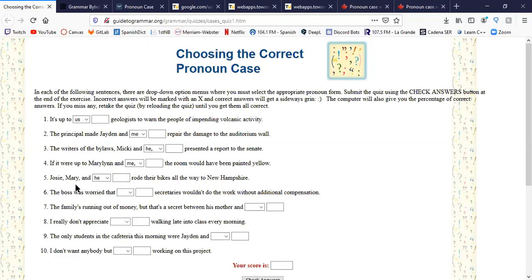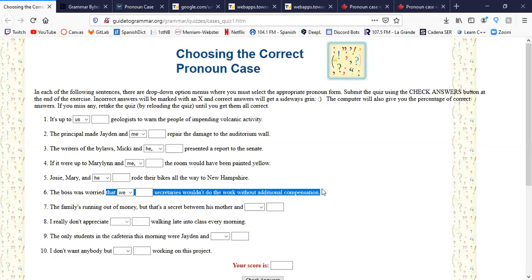Number six: The boss was worried that blank secretaries wouldn't do the work without additional compensation. We have we and us. Pause the video and think of what the answer is. The correct answer is actually we and not us, because we secretaries is the subject of this whole clause.